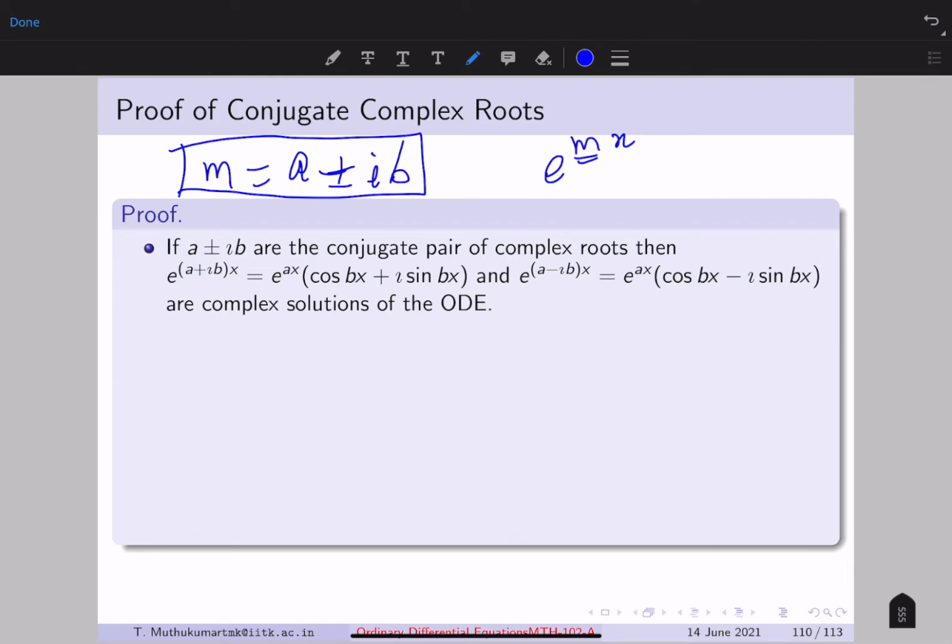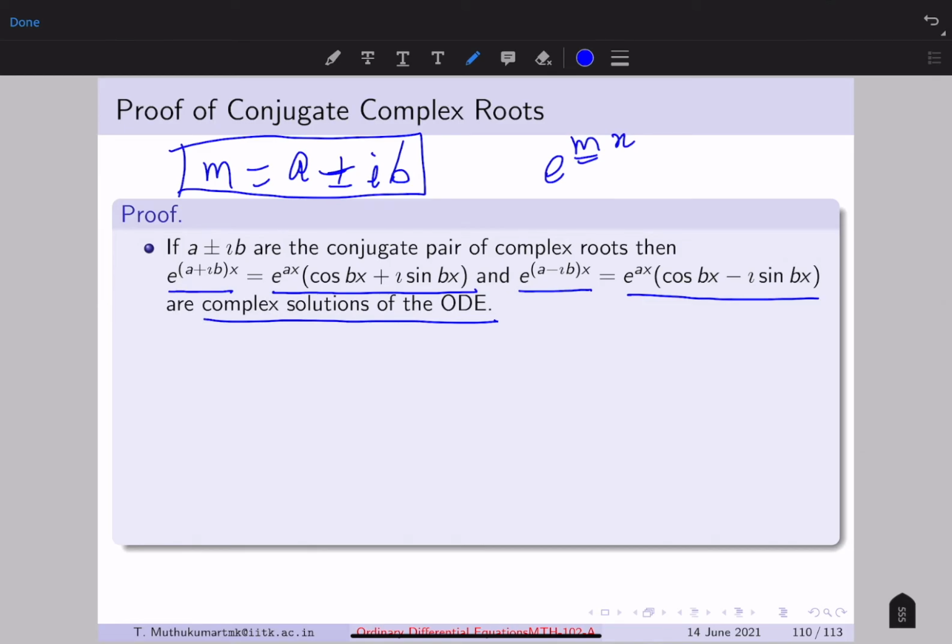So these are all complex solutions of the differential equation, because m is complex. So what you have is exponential of (a plus ib)x, which is this, or exponential of (a minus ib)x, which is this. So these are the possible solutions, right? But you already see this is a complex valued thing. So these are complex solutions of the ODE, whereas we are looking for real solutions, right?